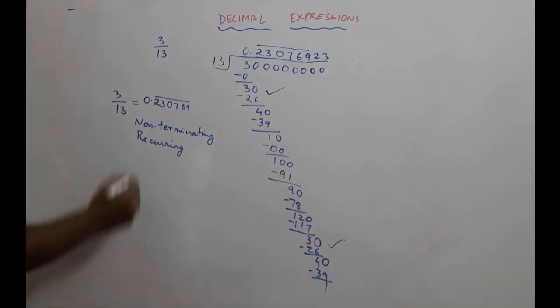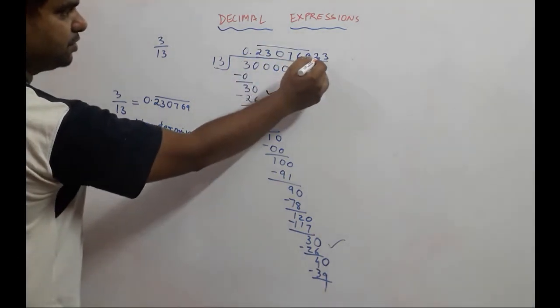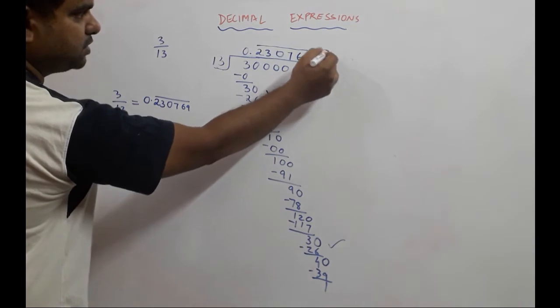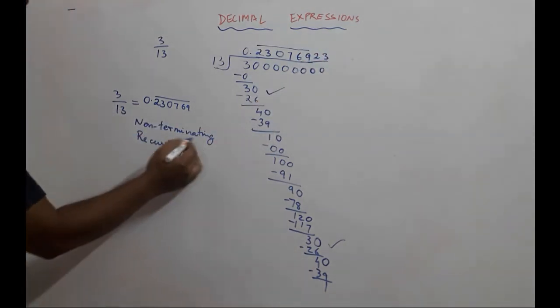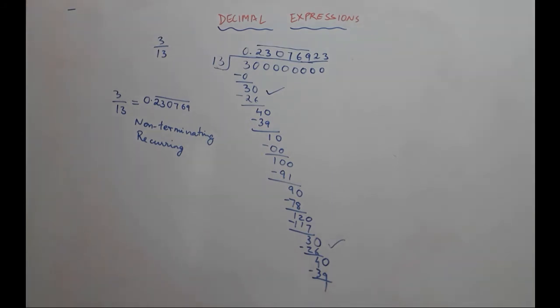Why is it recurring? Because this number in the quotient repeats from this step onwards, and non-terminating because the remainder is not equal to 0. So that is our answer for 3 upon 13.